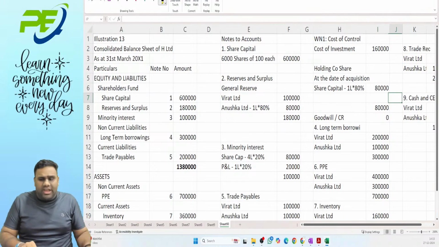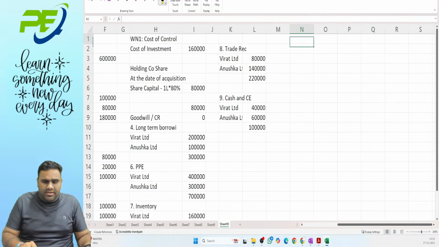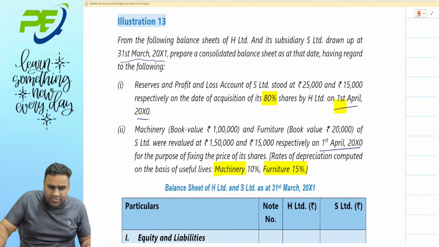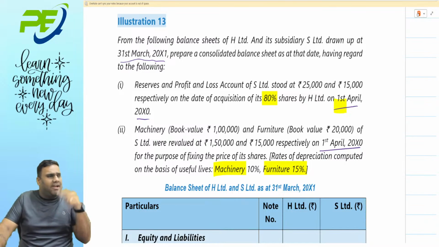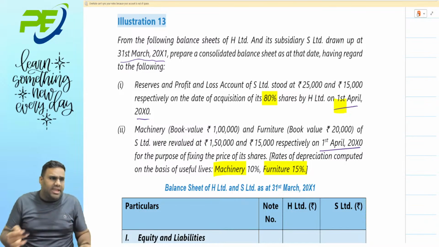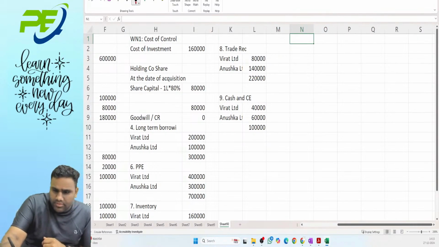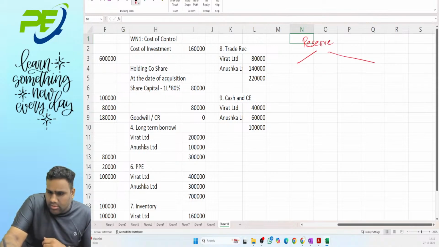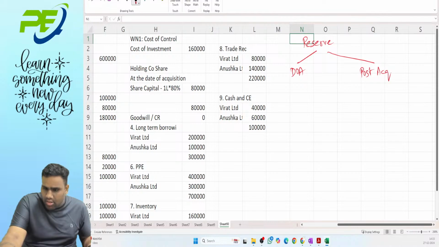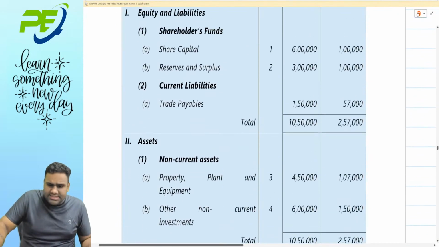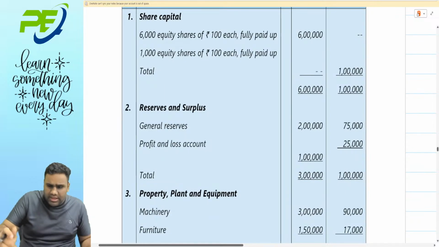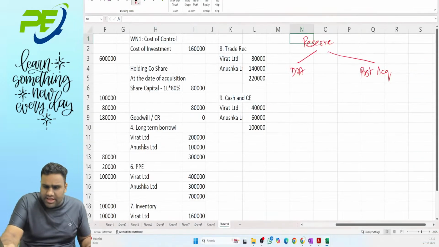Now, reserve split up we have to do. In this problem we have reserves and also P&L. So first we will begin with reserves. Date of acquisition, and this is post acquisition. Reserves as per balance sheet, note number 2, 75,000.